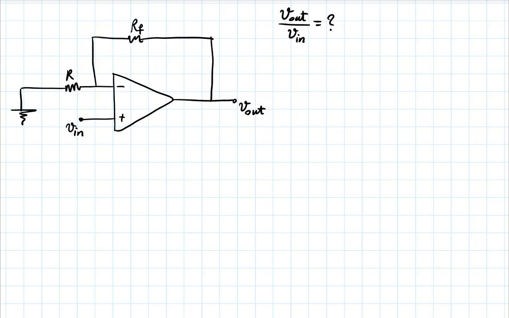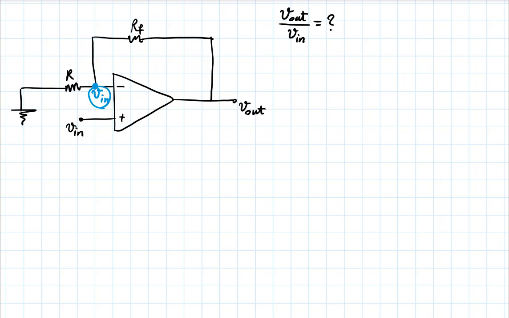So I will have a Vin translated here on this node. And it's important to keep in mind the order in which I'm doing these things, right? I started from this Vin that has been applied and deduced from that there is Vin appearing on the negative side.